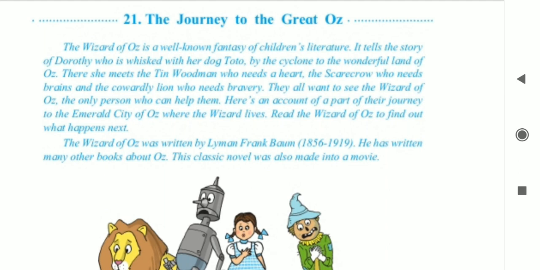Now, how do they go there? First of all, Dorothy's house is caught in the cyclone, and then it is taken from the city to the wonderful land of Oz, where she meets all these other characters, and they all decide to go and visit the wizard. So let's see first in the video, then you will come to know exactly who these characters are. See the video first.